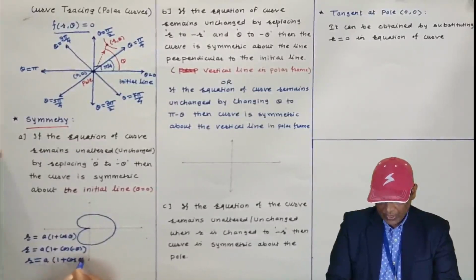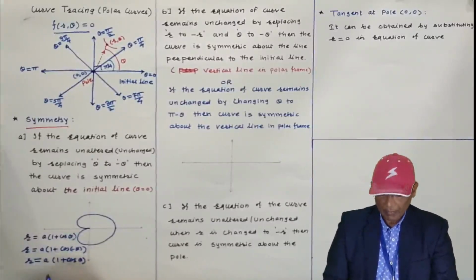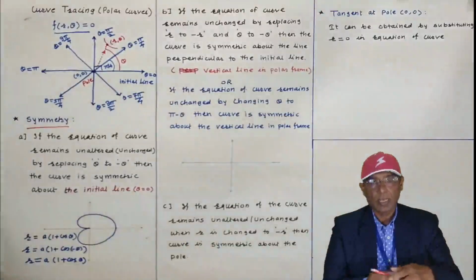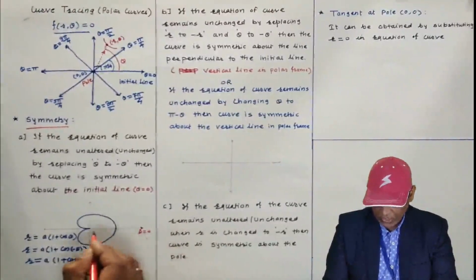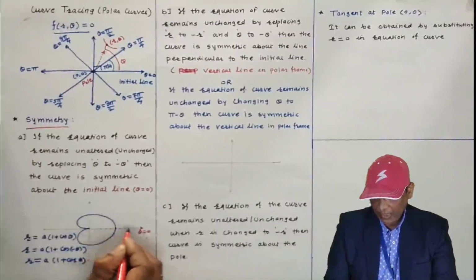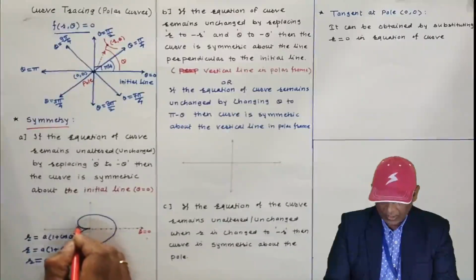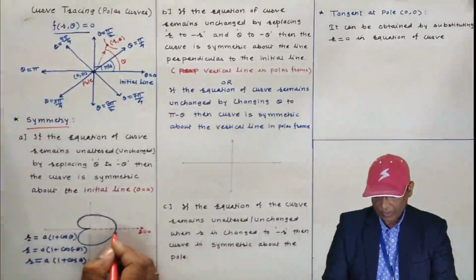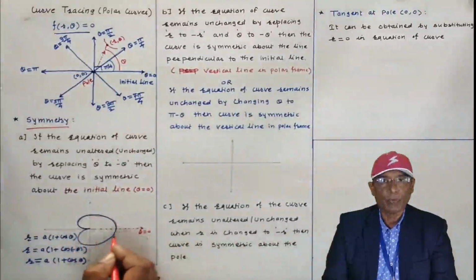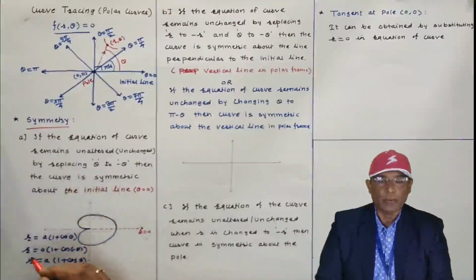So when we change theta to minus theta, the equation remains the same. Therefore, this curve is symmetric about the initial line. Theta equal to 0 is the initial line. This dotted line is the initial line. It means that above the initial line and below the initial line, you will find the same part of the curve. This is symmetry about the initial line.